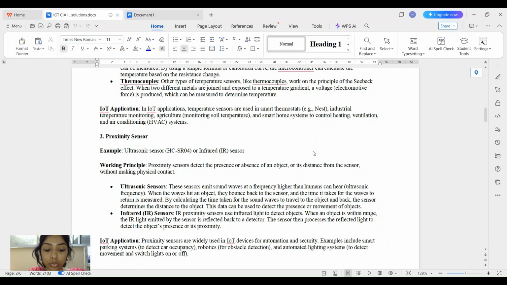Next, a sensor is used to measure physical quantities. It is used to measure continuous and discrete process parameters. The sensor is considered the brain of automation.